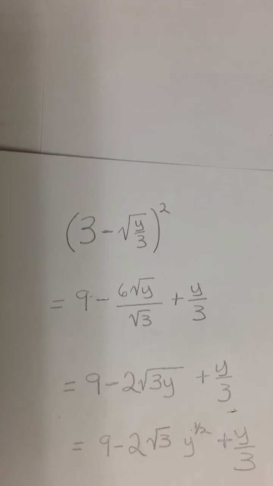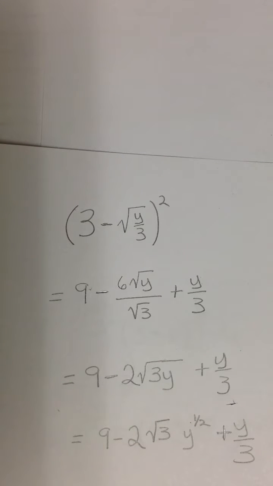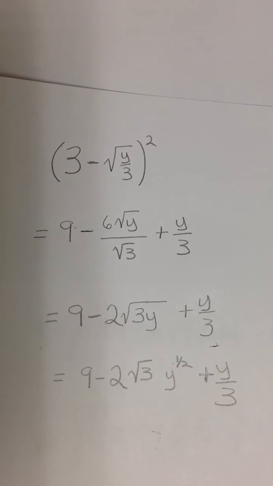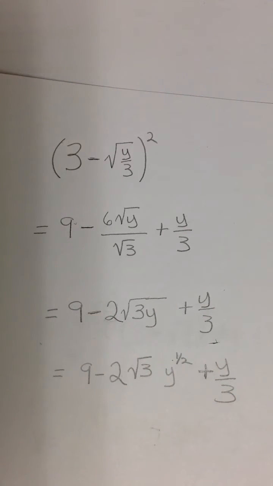Gradually reducing, we have 9 minus 2 times the square root of 3y plus y thirds. To make this expression more integration friendly, we can write the square root of y as an exponent. So the square of the radius we can express as 9 minus 2 times the square root of 3 times y to the 1/2 plus y thirds.